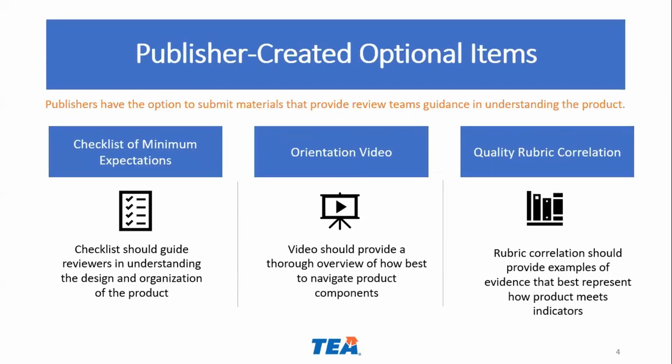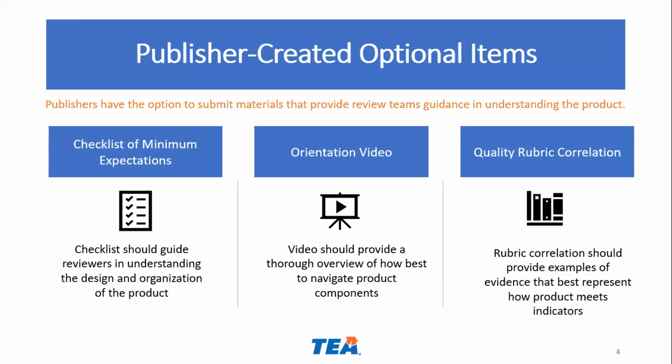The next part that I wanted to discuss with you is about the optional items. When publishers have this opportunity to provide materials that give review teams guidance in understanding the product, there are 3 optional items that a publisher may submit for this purpose. They're the checklist of minimum expectations, which is intended to help guide reviewers in understanding the design and organization of a product.